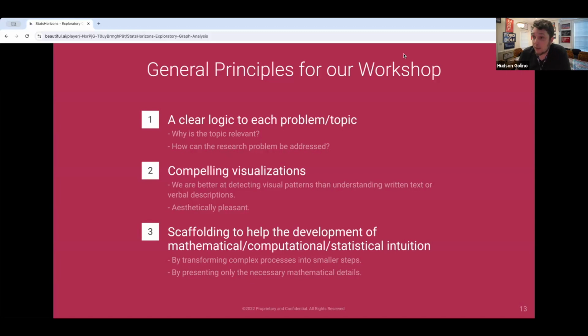Even if you already have a very good, well-developed mathematical, computational, and statistical intuition, my goal is to help you a little bit if you're navigating to a new area or a new field. So I do that by transforming complex processes into smaller steps and by presenting only the necessary mathematical details of these techniques.